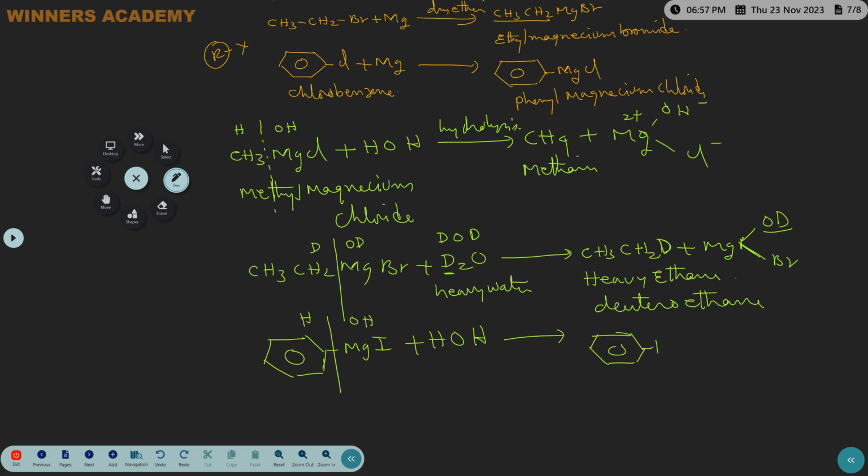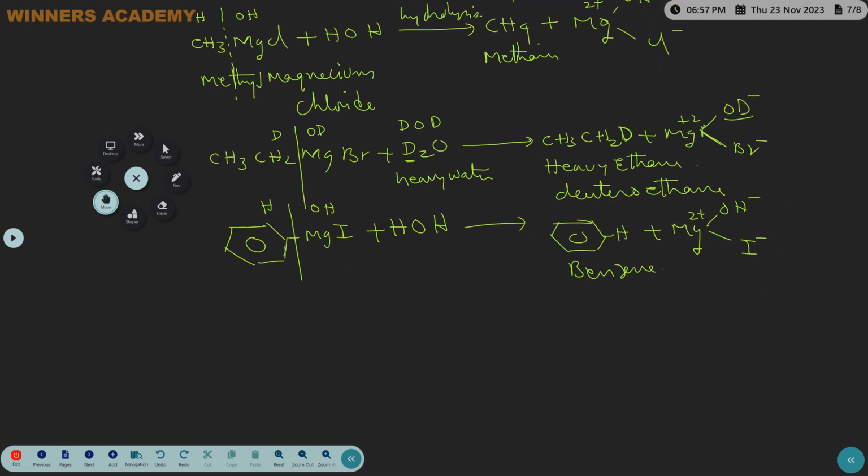Compound H plus MgOHI is formed. Here magnesium valence is always 2 plus, OH minus, I minus. You neutralize the 2 negative charges. Like that. What is its name? This is nothing but benzene. Benzene is formed, C6H6, that also. Okay. Like that.